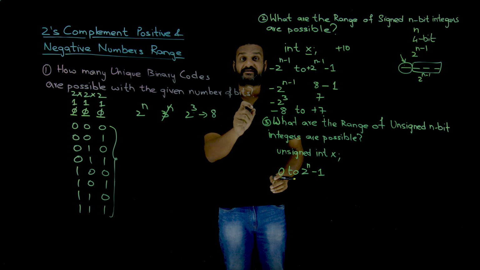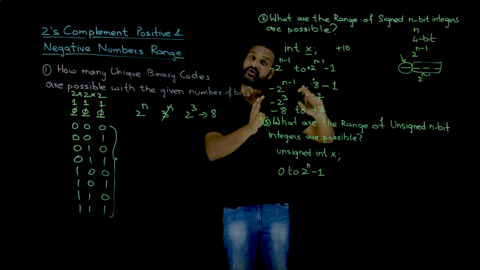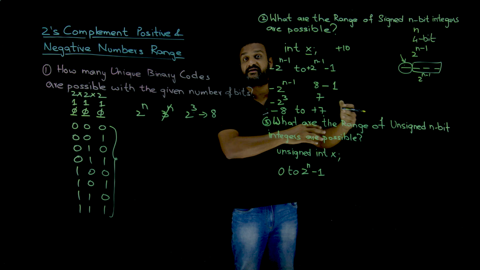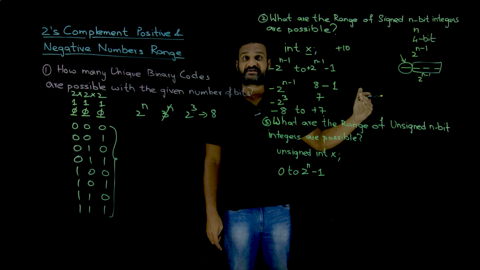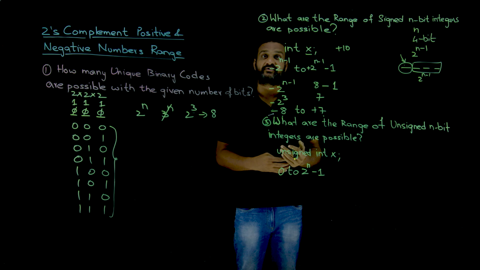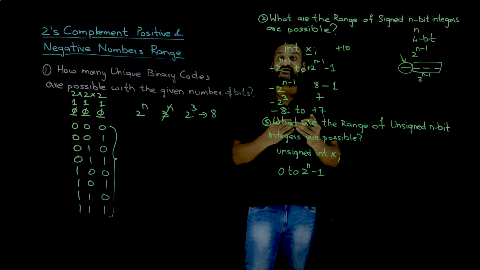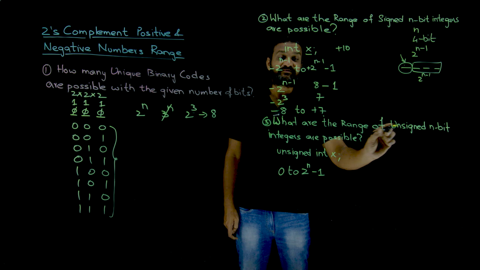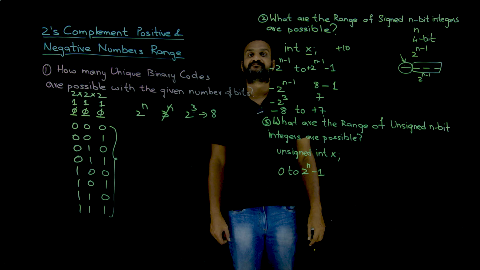Try to understand this. These concepts we are going to discuss again in multiple different courses in our next semesters, second, third and fourth. So the third question is, what is the range of unsigned n-bit integers that are possible?